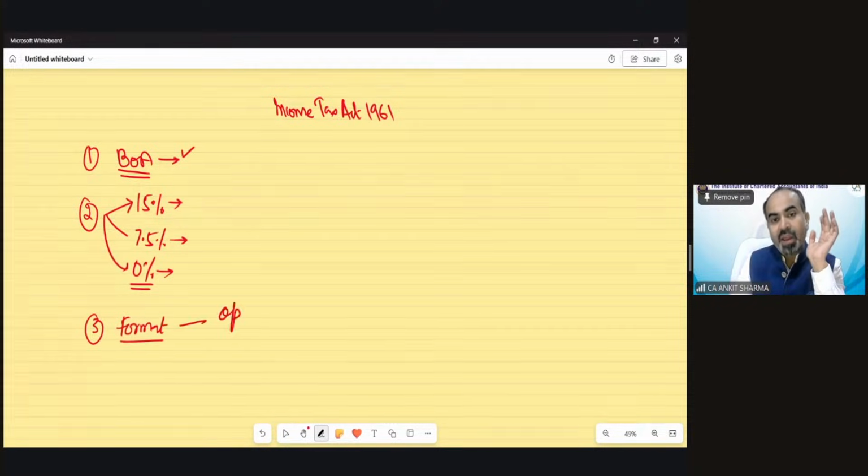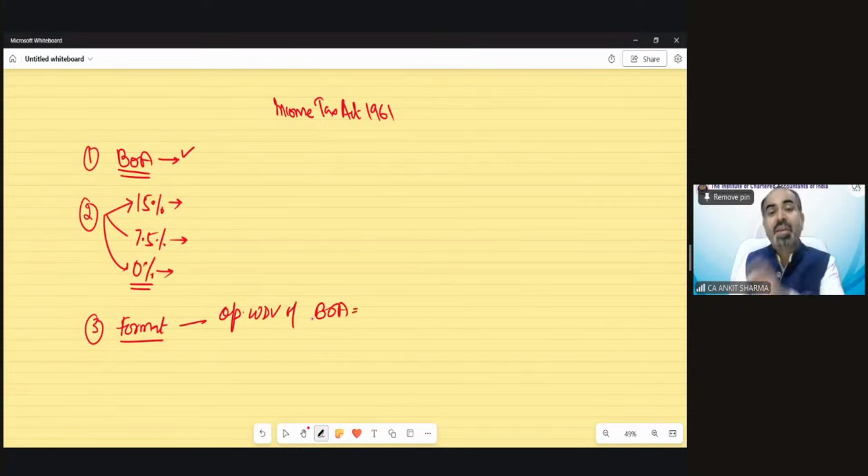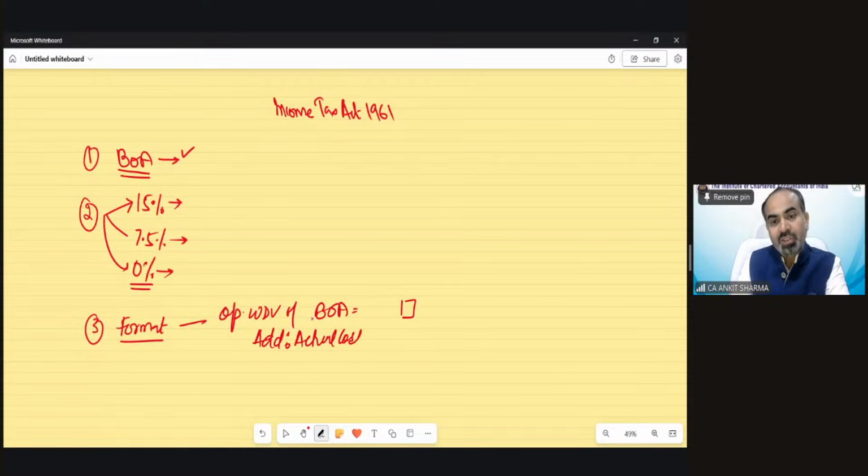We have to take the WDV of the block of asset having the same rate of depreciation. Then we have to add the actual cost of the asset purchased and put to use. Both conditions should be satisfied.